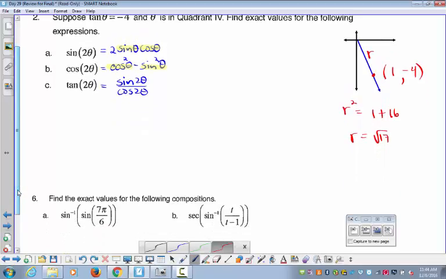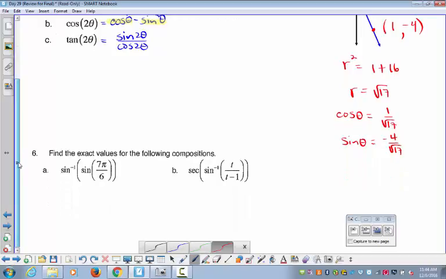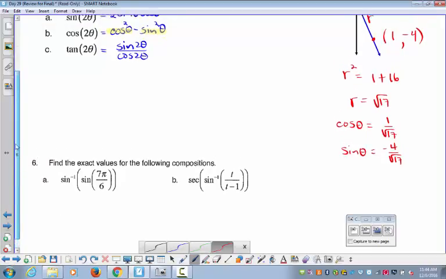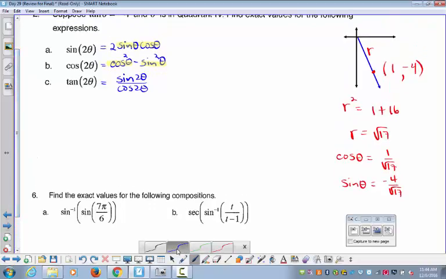In particular, we know that cosine of theta is 1 over root 17, and sine of theta is minus 4 over square root 17. So once we have x, y, and r, calculate our ratios for sine and cosine, and then we're flying.